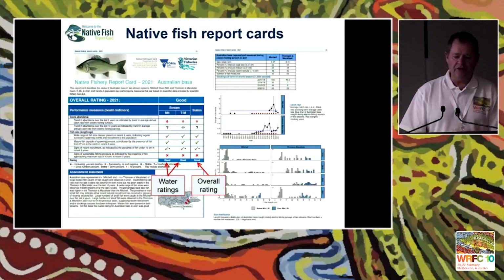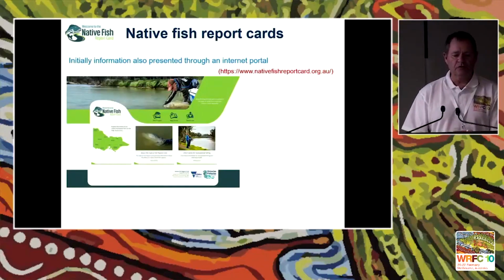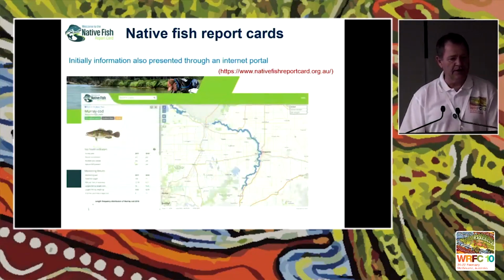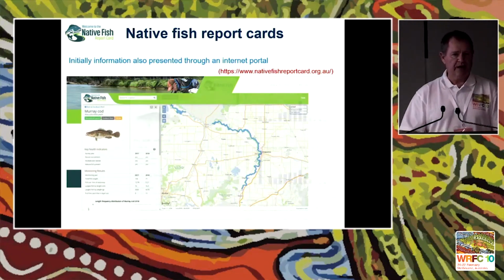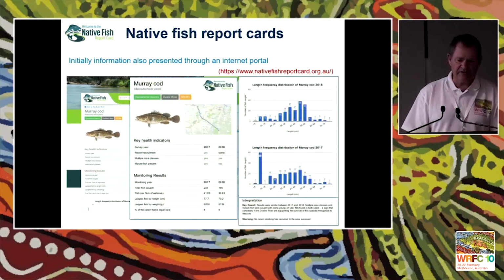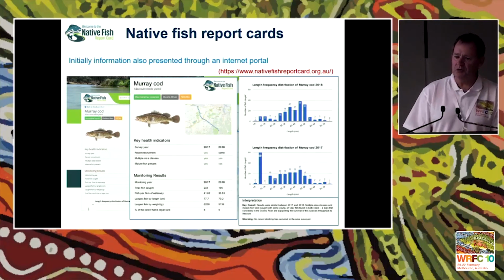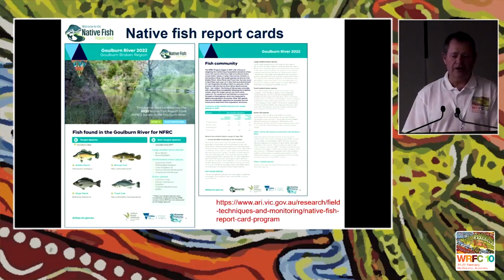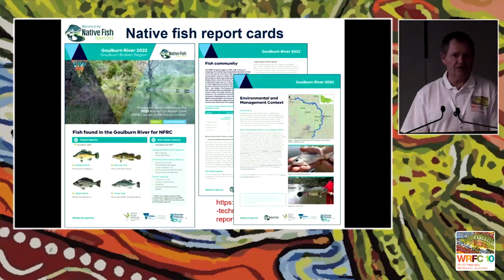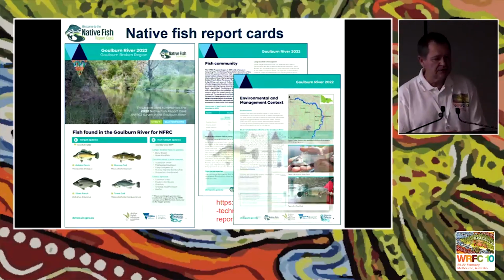So this same information was originally going onto an internet portal to make it much more readily available to anglers, and again just providing the same sort of information about what we talked about in our reports. That portal's actually now shut down, and we've now moved on to another web page which is based at the ARI Institute.